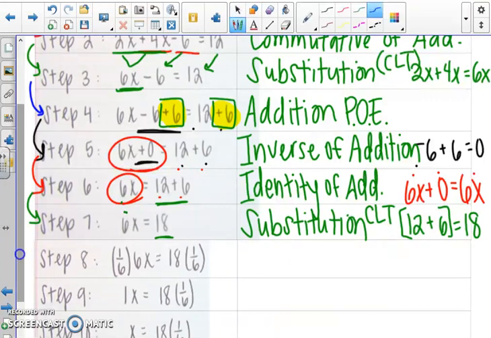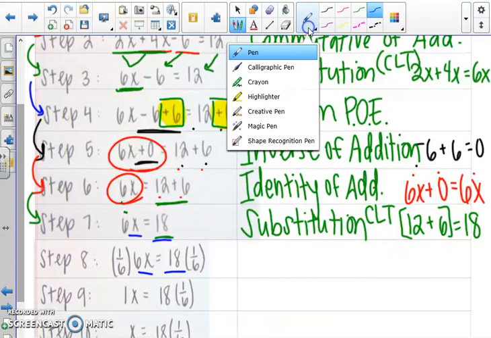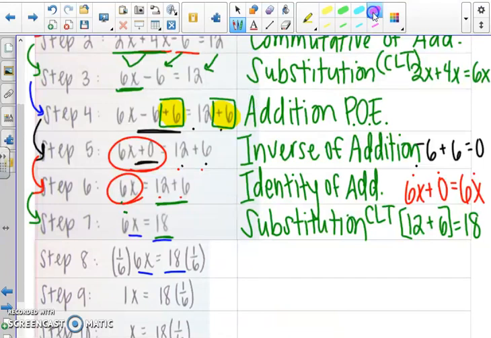All right, 7 to 8. Let's see what changes. All right, so the 6x is there, the 18's there, but whoa, there is something brand new to this problem. 1/6 on both sides. Now, here's where some people will automatically say, oh, it's division property of equality, because 1/6 as a fraction means dividing. But let's look at what that 1/6 is actually doing to both sides.